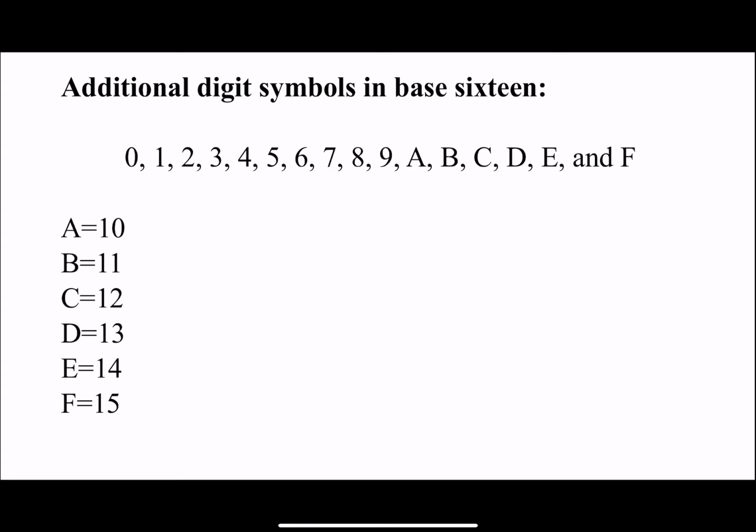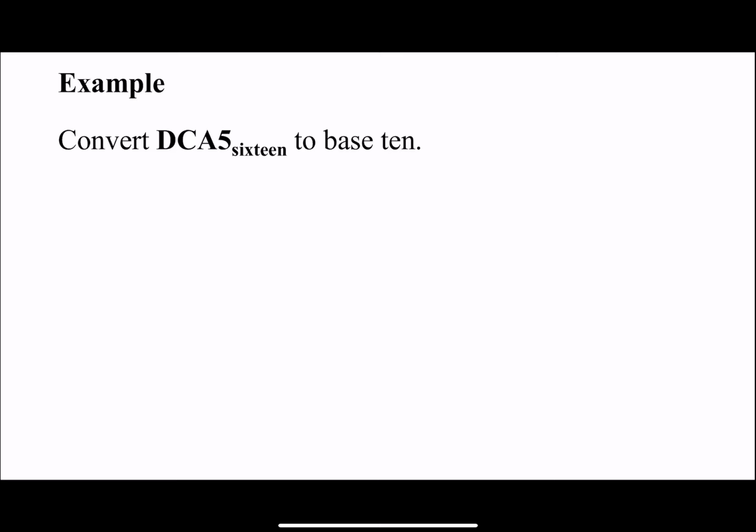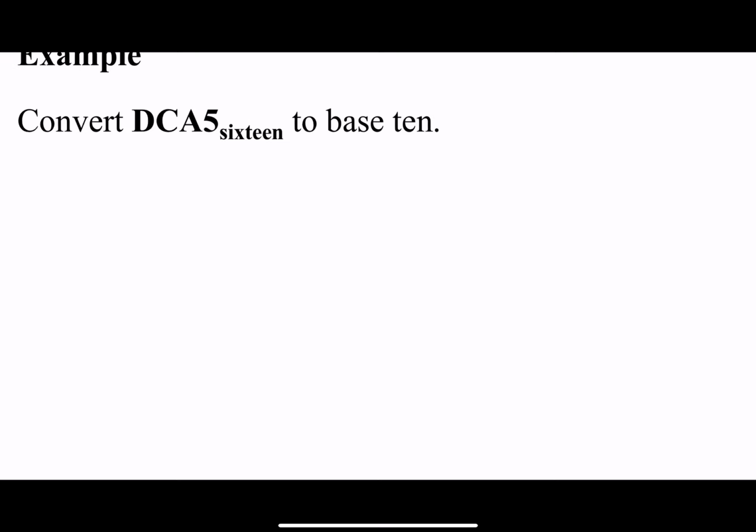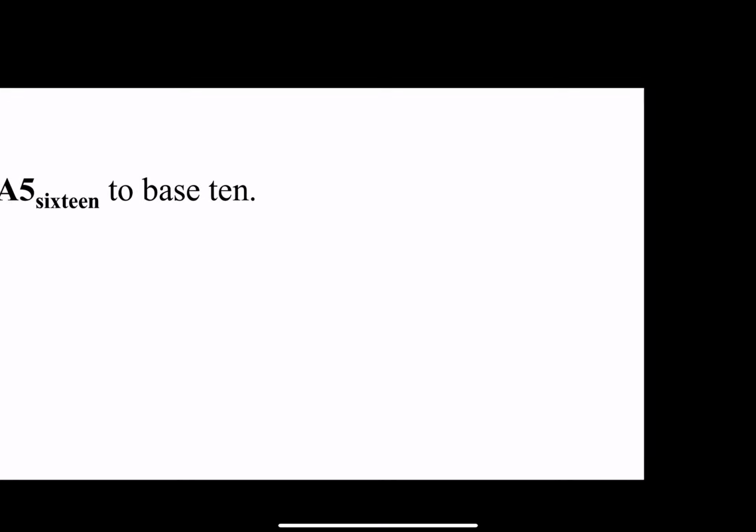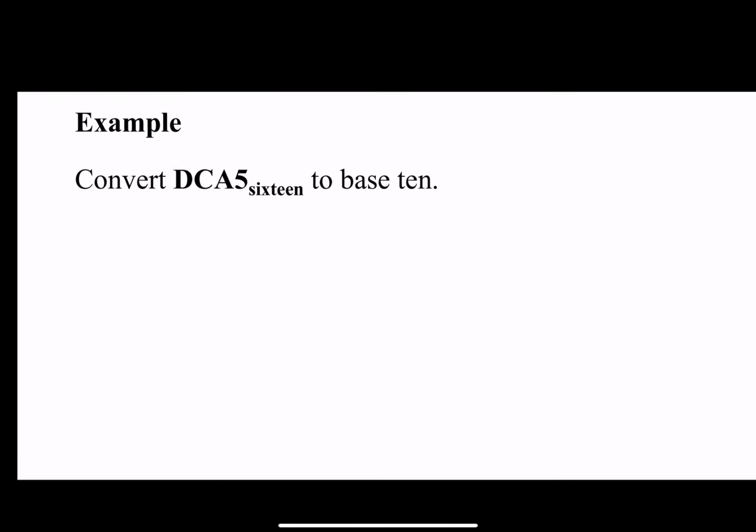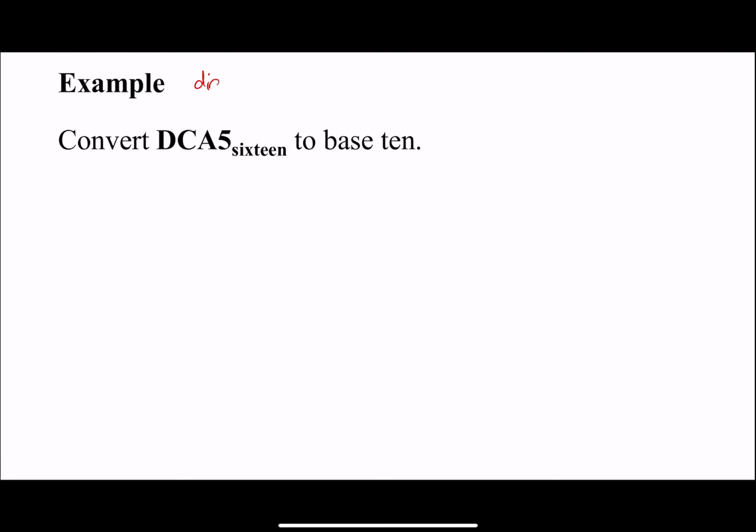These are the digits that we have. Let's say here, convert DCA5 base 16 to base 10. The digits that are allowed in base 16 are, here we go, let me write them down: 0, 1, 2, 3, 4, 5, 6, 7, 8, 9.